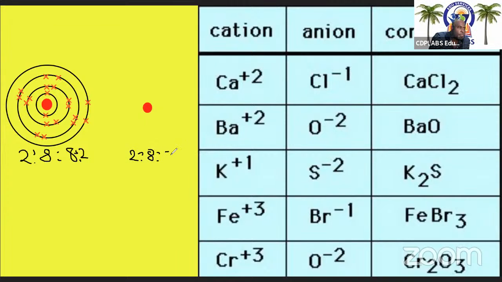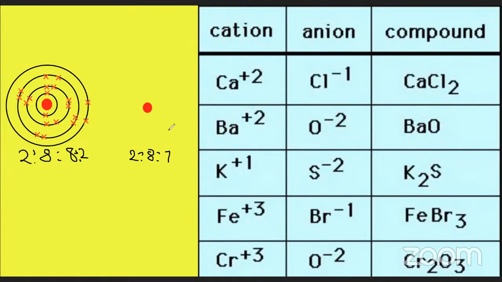Very good. How many electrons does chlorine need to gain for it to become stable? One, sir. Excellent.